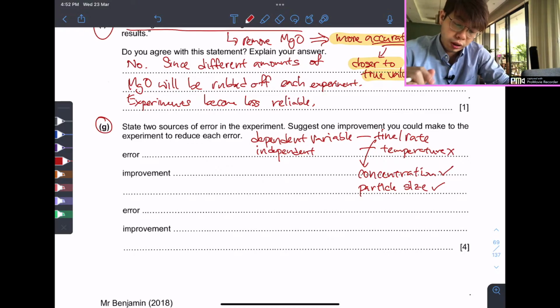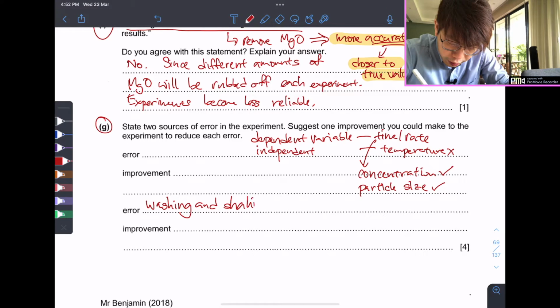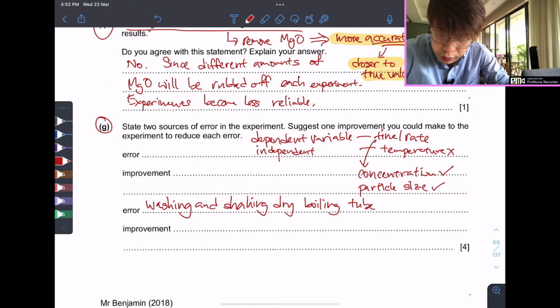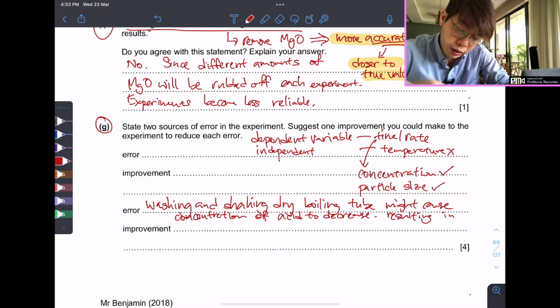Right, so now I need to teach you how to write the error properly. So we said that washing and shaking dry the boiling tube might cause, right, the concentration of acid to decrease, resulting in lower than expected rate of reaction.